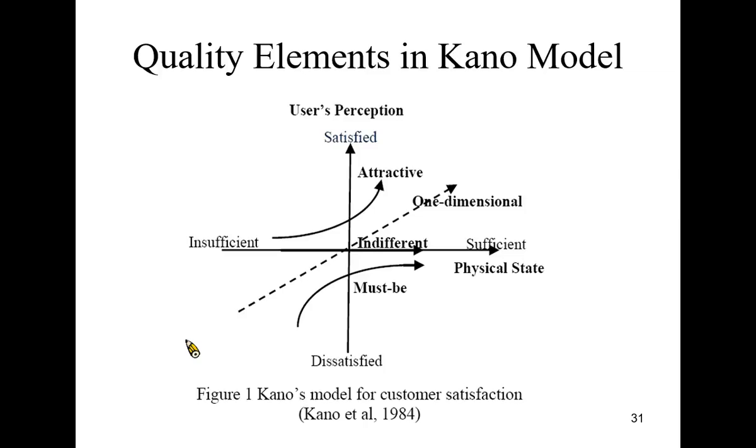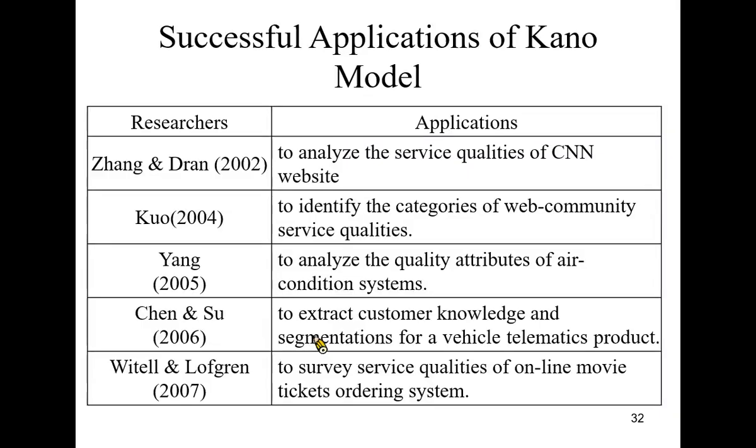One-dimensional: the more functions we have, the better they feel, so it's a linear relation. Indifferent: no matter whether the function is fulfilled or not, their satisfaction is no different. Must-be: if we have it, they don't feel unhappy, but if we don't have it, they feel disappointed.